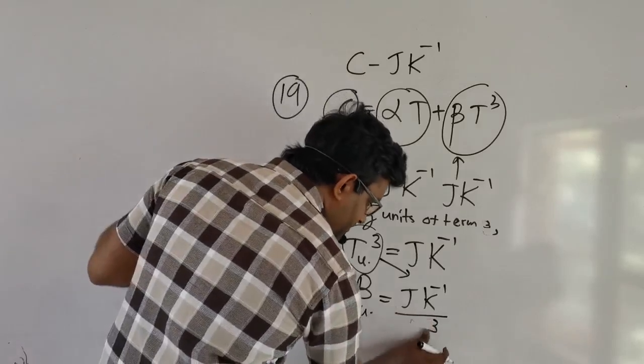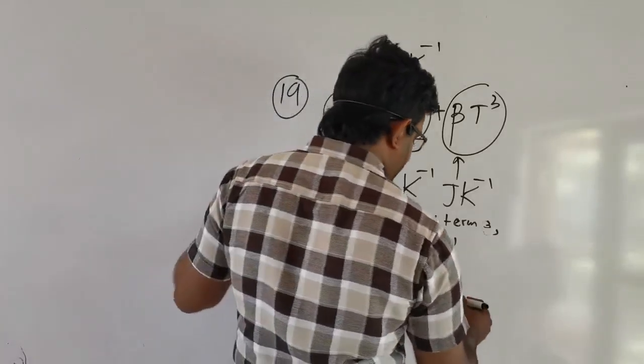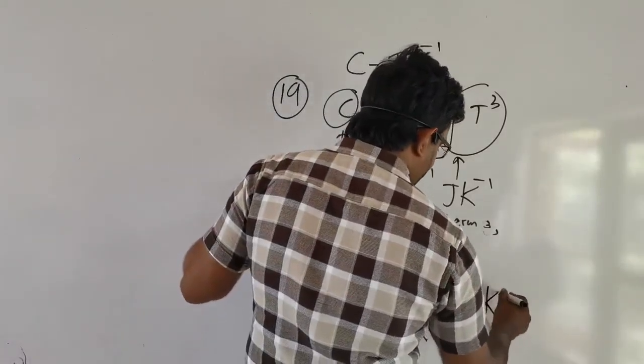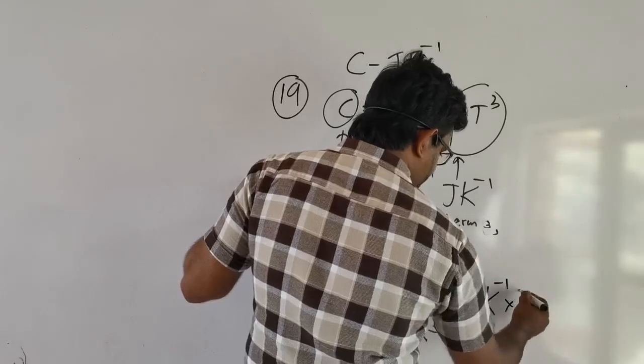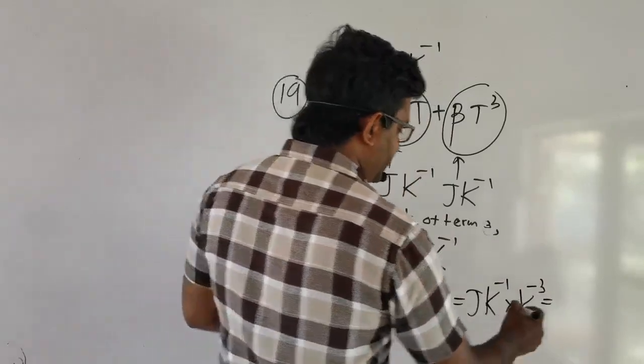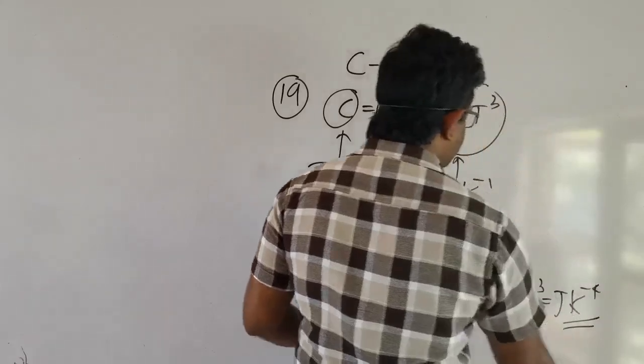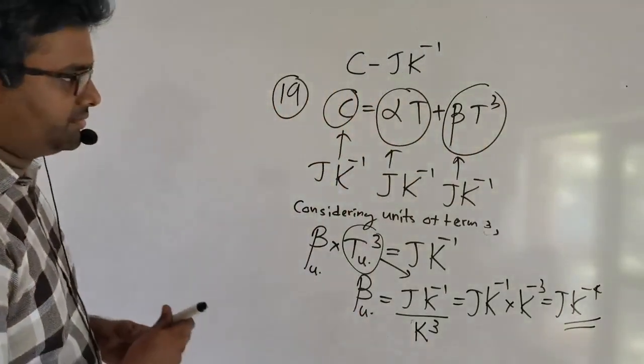Now temperature is measured in Kelvin. We can take that to the numerator, J K minus 1 into K minus 3. Then that is J K minus 4. This is the answer.